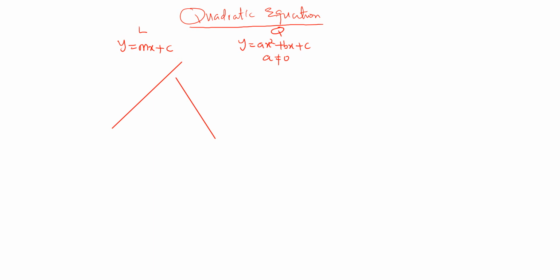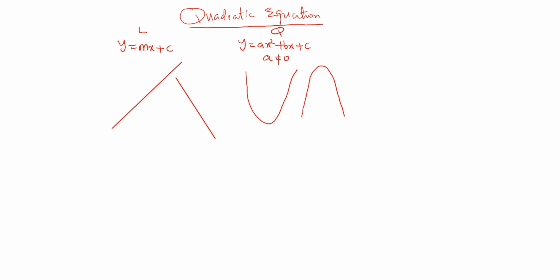But in the case of a quadratic equation, it will always be parabolic in nature. We call it parabolic. Sometimes we say it is a U-like shape, something of this nature. It could also be like this. So we can have it in any of these forms.